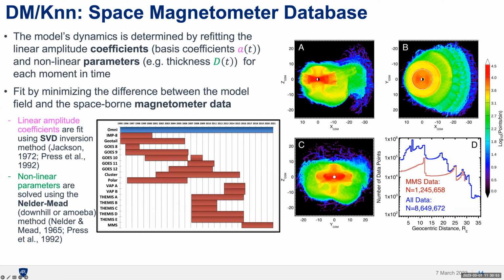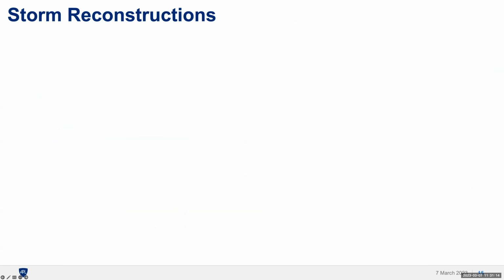A lot of people refer to this as the amoeba method. So basically, this solver is embedded inside of this solver. Whenever the amoeba moves around in the parameter space, we then refit the linear amplitude coefficients. That's how the model is fit.